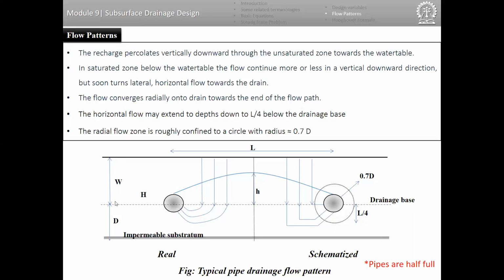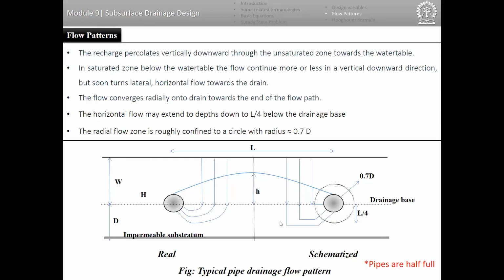Sorry, this h should not be here. And this D is your depth of impermeable stratum. So this is how flow patterns are in reality, and this is the approximated form.